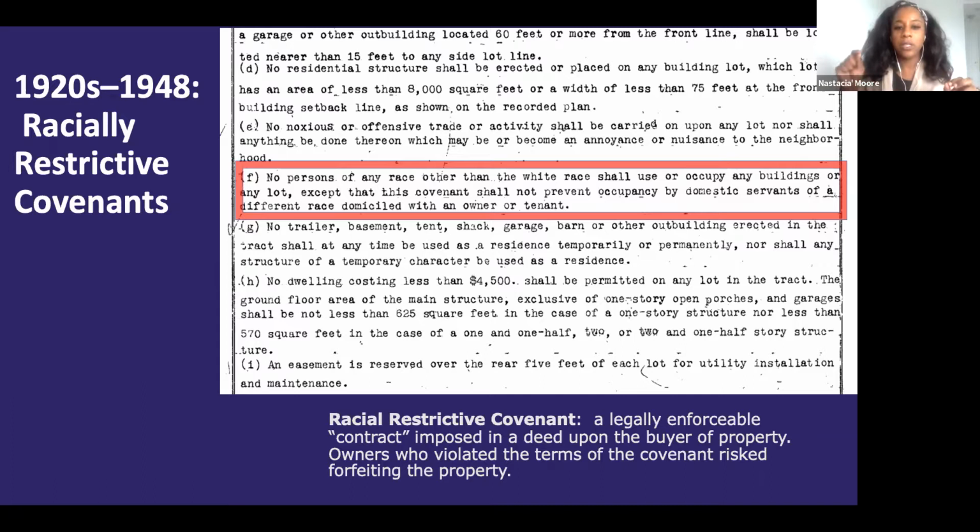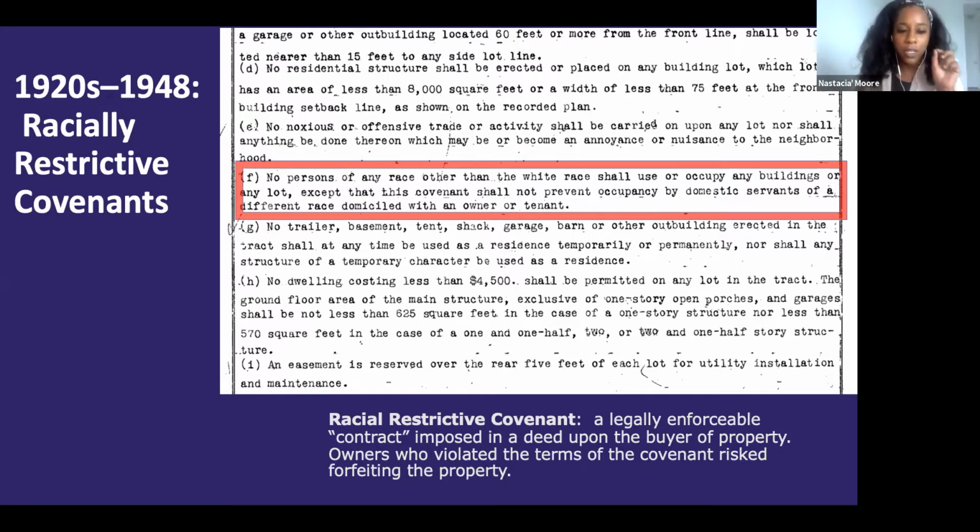These covenants were legally enforceable contracts imposed in deeds of property that restricted folks who look like me the ability to purchase property, lease property, occupy property, all of the above, right? These same restrictive covenants were not only exclusive to Black folks. Asian populations, Jews, Catholics, Irish, and other historically marginalized populations were also restricted on deeds held in these covenants.